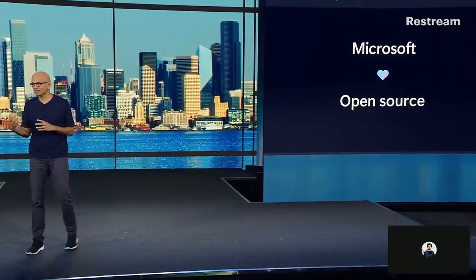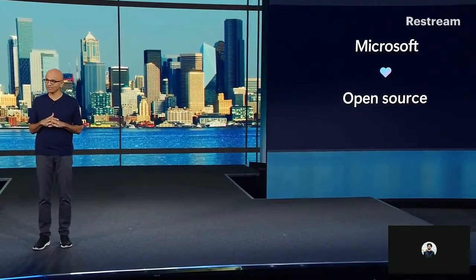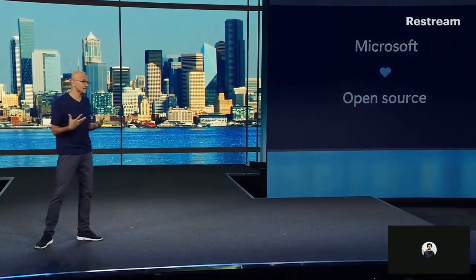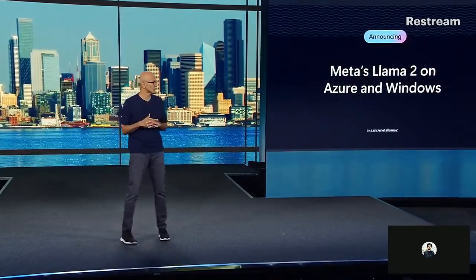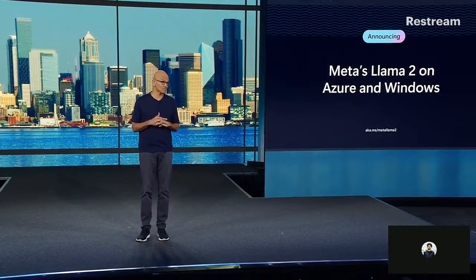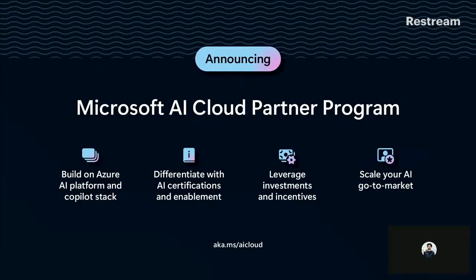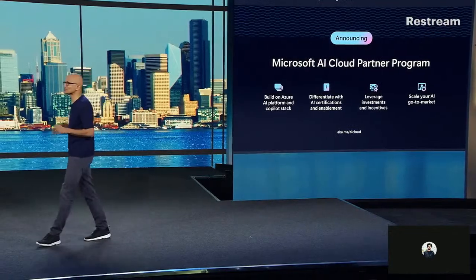Microsoft loves open source. One of the things that we are very excited about today is the announcement of Meta's Llama 2 coming to both Azure and Windows. It's really exciting to see us completely revamp the investments, the incentives, so that you all can really take advantage of everything that this AI age has to offer.